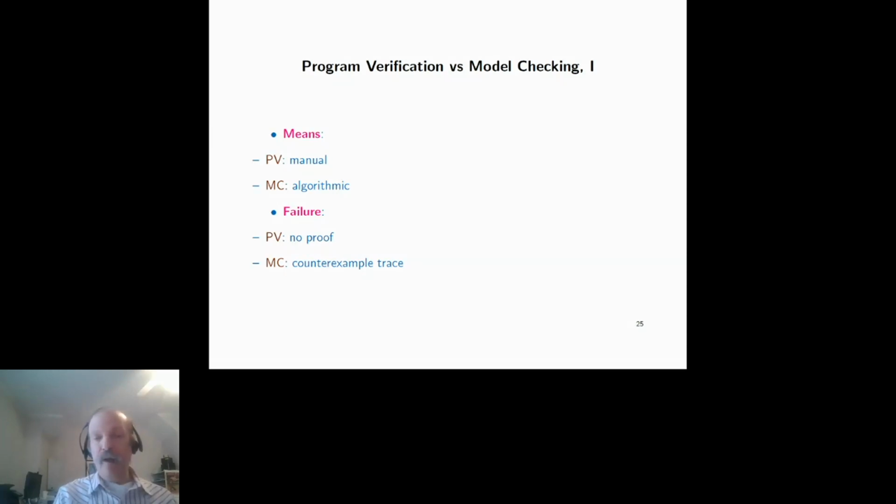When you have a failure of program verification, it means you couldn't find a proof, but it doesn't give you a bug. You just couldn't find a proof. Model checking gives you a counterexample trace. And so it turned out that at least model checking is more used. Some people call it computer-aided debugging. You find bugs very fast. In fact, some companies tell me they find bugs using model checking faster than they do using testing because it's much easier to get started.